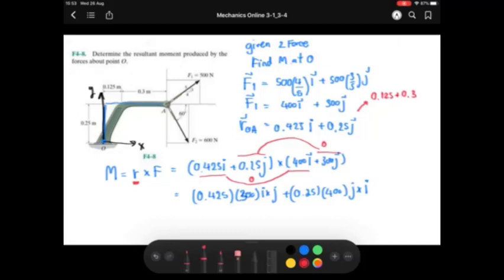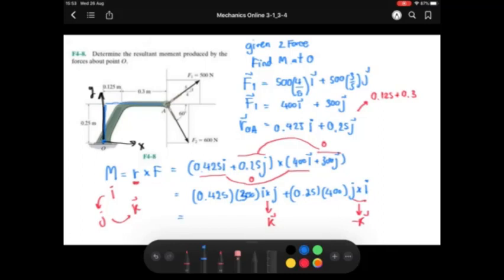And if you consider the concept of cross cycles here, i cross j will be equal to k. So this term will be k, and this term will be minus k because it is switched.